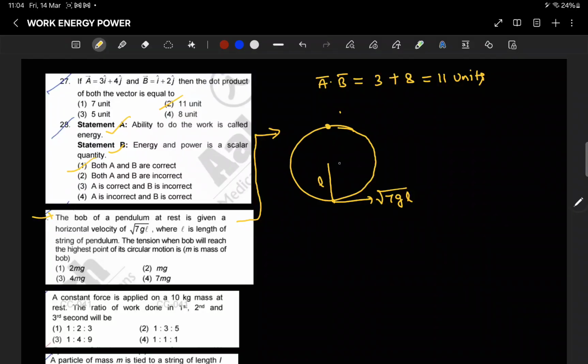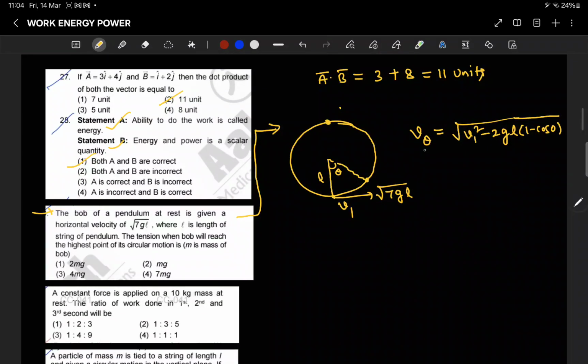Listen, just two formulas, students. In vertical circular motion, for an angle theta, the velocity v theta equals under root of v1 square minus 2gl into 1 minus cos theta.